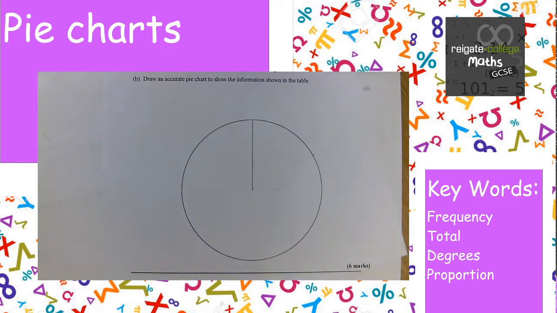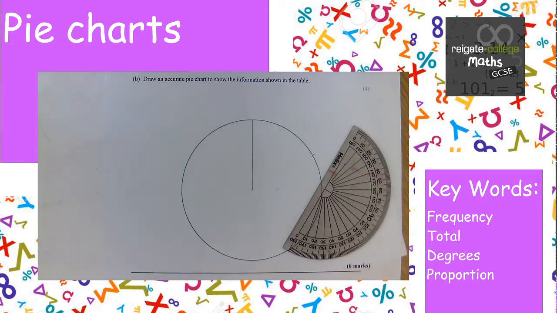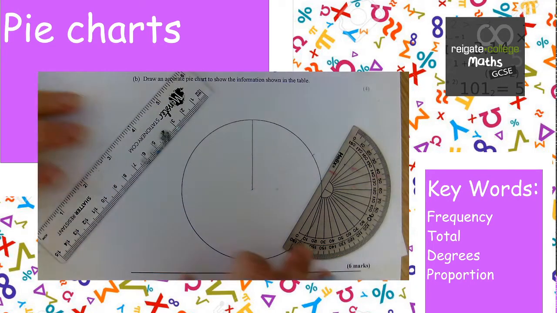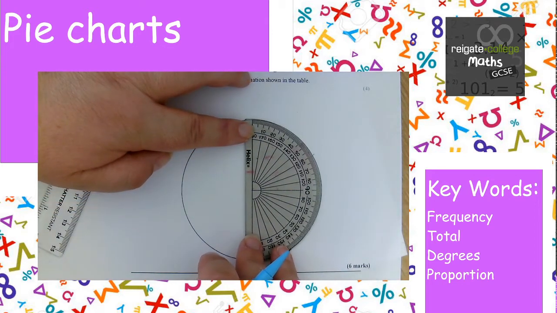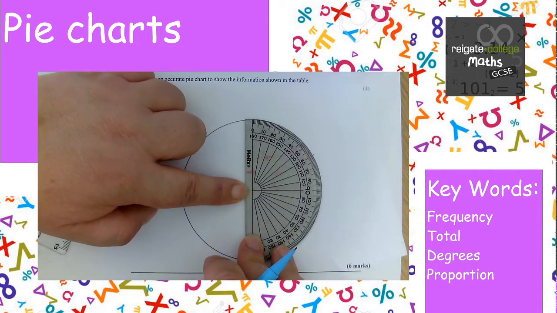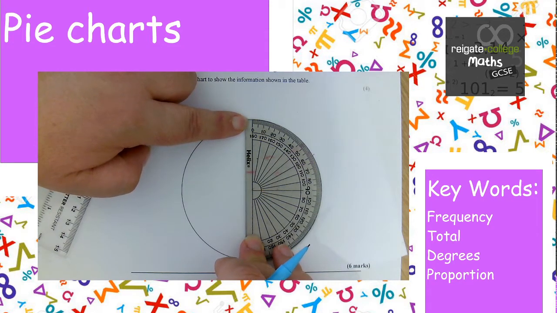My pie chart's already drawn. All I need to complete the pie chart now is a protractor to measure my angles and a ruler to draw my lines. I draw my first angle by placing the protractor onto the pre-drawn line so that this mark here lines up with the bottom of it, and if I trace up that line you can see the 0 starts on the outside numbers.